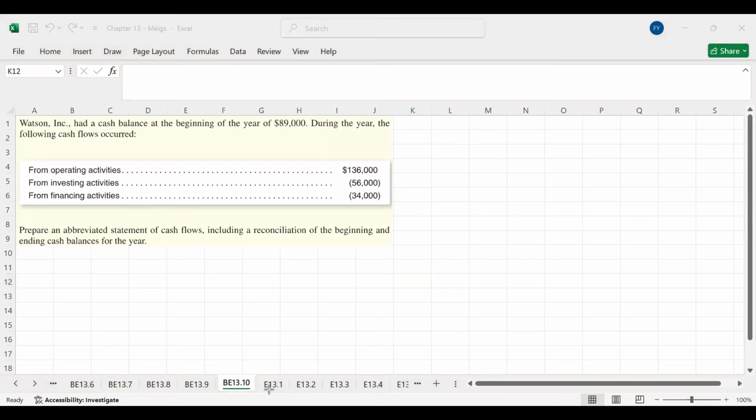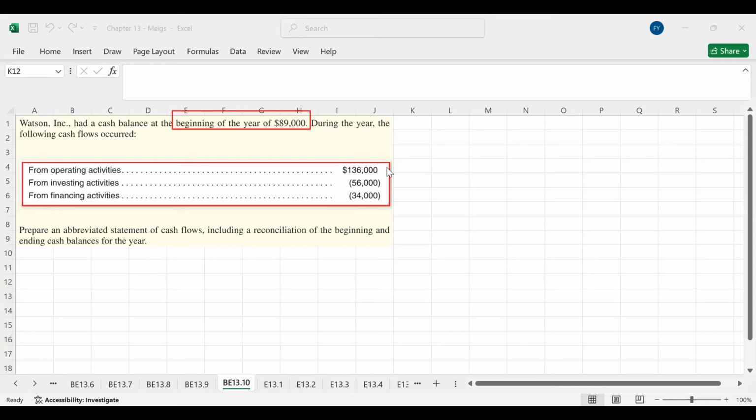So this is brief exercise 13.10. Watson Incorporation had a cash balance at the beginning. Beginning means the opening balance of the cash is given. During the year, cash flows from operating, investing, and financing activities are also given. So you can see that we have two types of cash flows given. One is positive here.